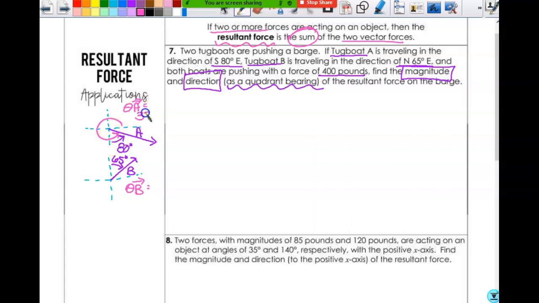That gives me 350 degrees. You could also think, well, if I'm here at 80, I only have 10 more to go, so 360 minus 10 gets me 350, but it's the same thing either way. For vector B, theta would be this right here. So I would just take 90 minus 65, and that would give me 25 degrees. And those are the numbers that I have to use when I actually do my trig.